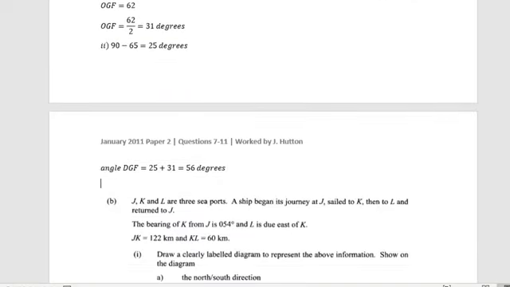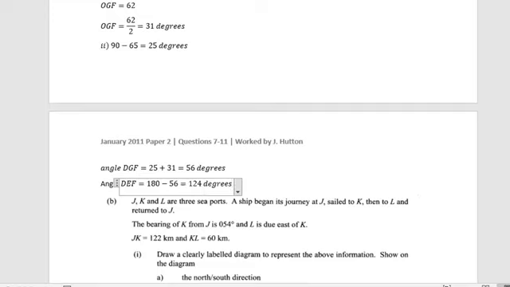So what we're saying is angle DEF is equal to 180 degrees minus 56 degrees, which will give us 124 degrees.